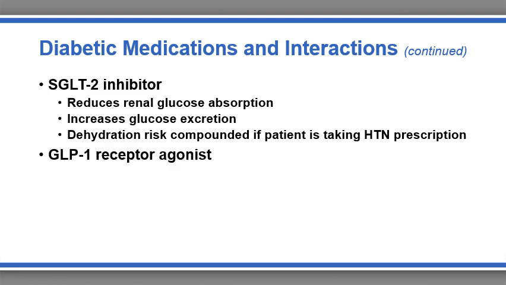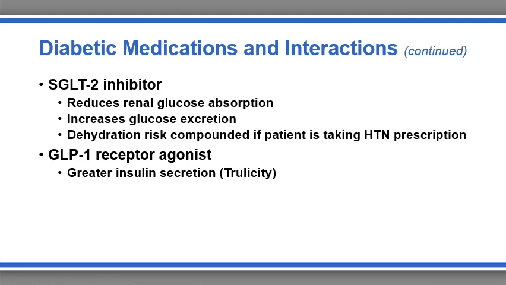And then we have what we call our GLP-1 or your glucagon-like peptide 1 receptor agonist. These basically create greater insulin secretion. So the idea here is that these are just going to enhance insulin secretion. There's other things that they do as well.